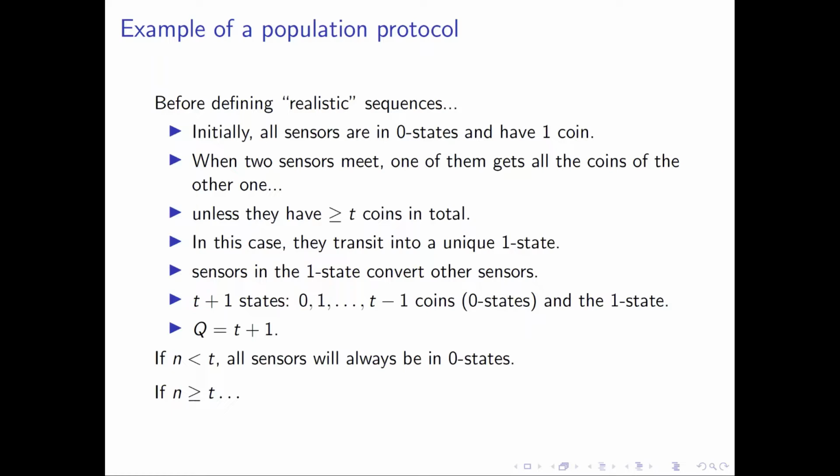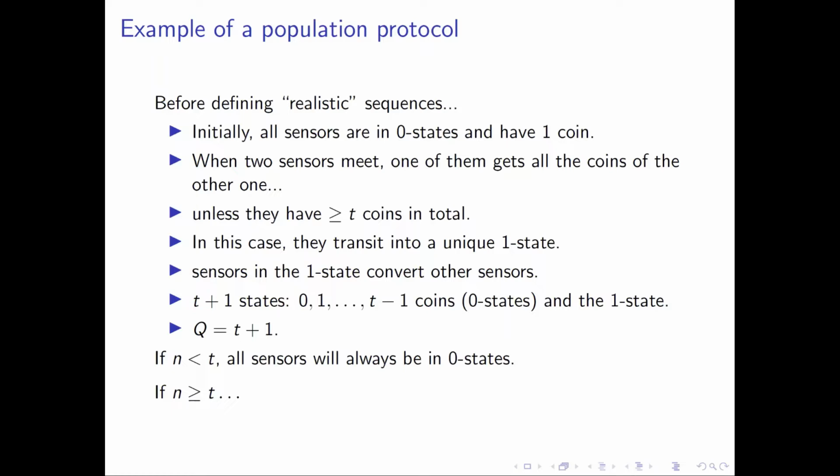Let's say initially if two sensors with 1 and 1 coins meet, one of them gets 2 coins and the other 0. But this happens unless they already have at least t coins in total, right? So they directly observe at least t coins. But initially, of course, there are n coins, where n is the number of birds.